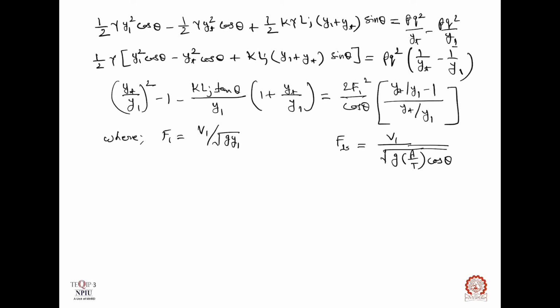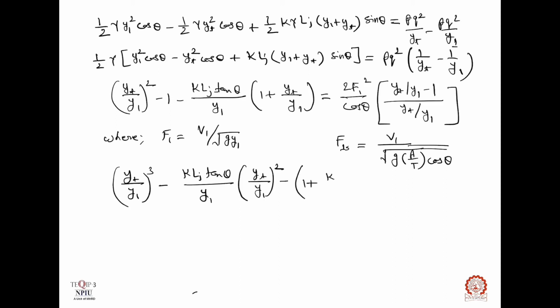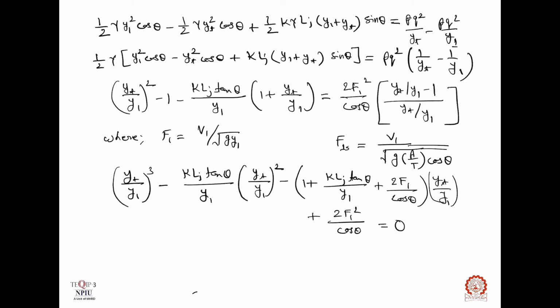Now after further simplification, this equation will become (yt divided by y1) whole cube minus k Lj tan theta divided by y1 into (yt divided by y1) whole square minus 1 plus k Lj tan theta divided by y1 plus 2F1 divided by cos theta into yt divided by y1 plus 2F1 square divided by cos theta is equal to 0.